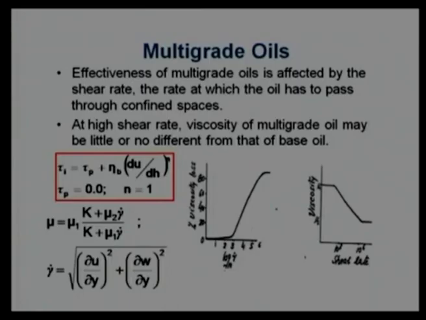So, based on this shear stability parameter, we can choose multigrade oil. Otherwise, for the specification, both oils will be 10W40, we will not be able to distinguish much. From one company to another company, the distinction can come using the shear stability parameter.